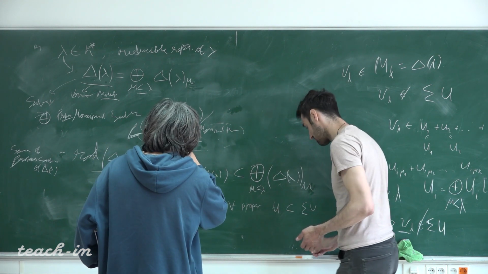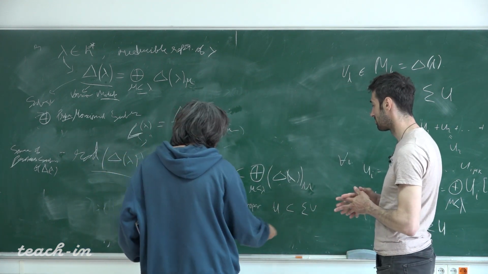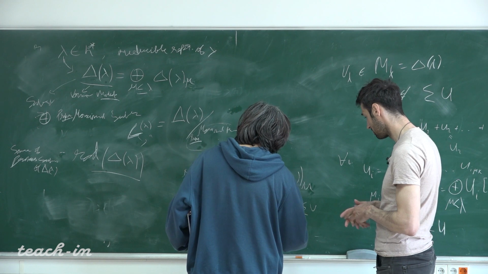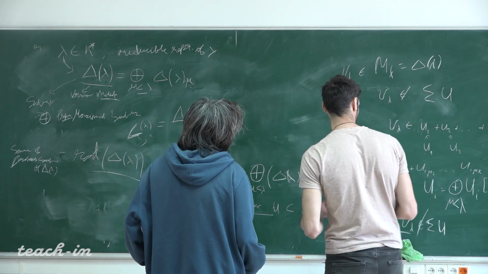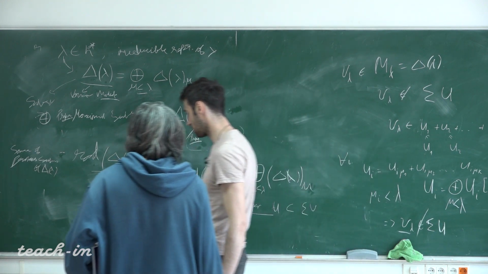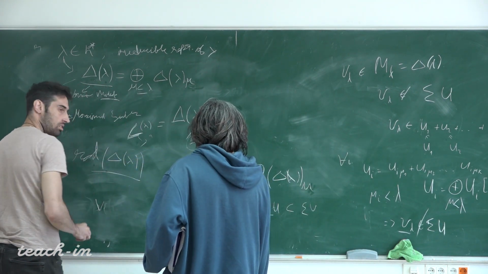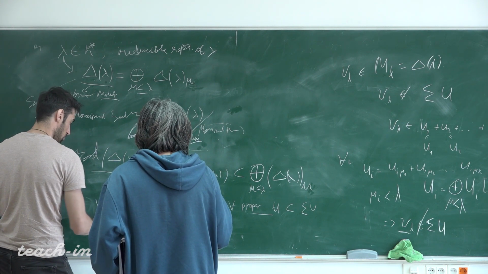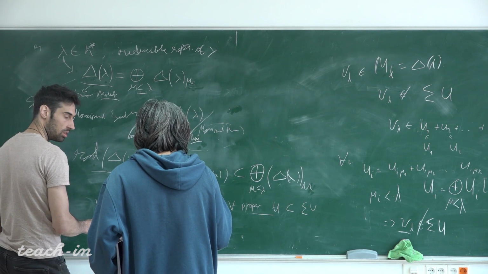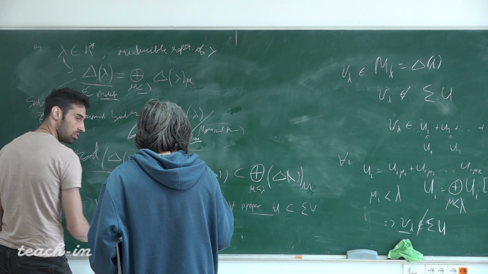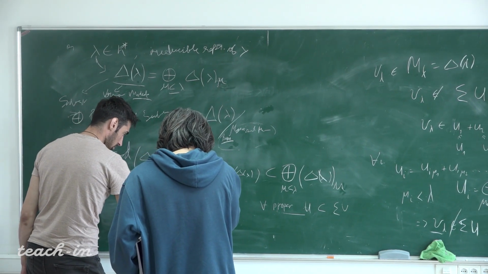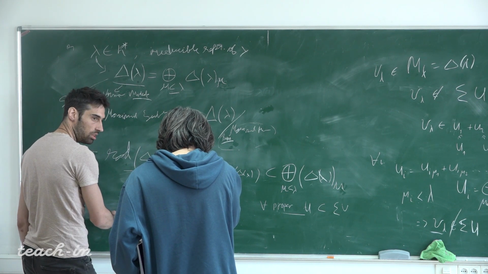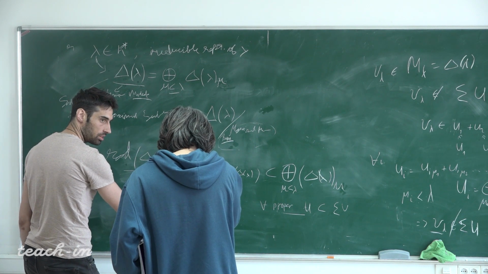Can you explain this once again? What does it mean for a module V to be maximal? It means that if we have some other proper module W, then either W is V or W is M lambda.